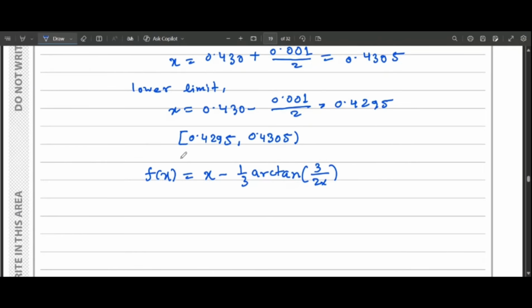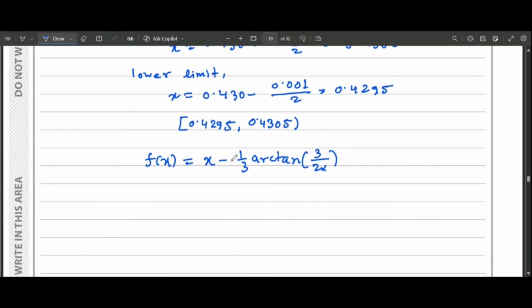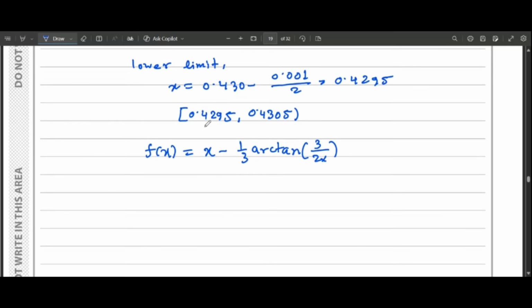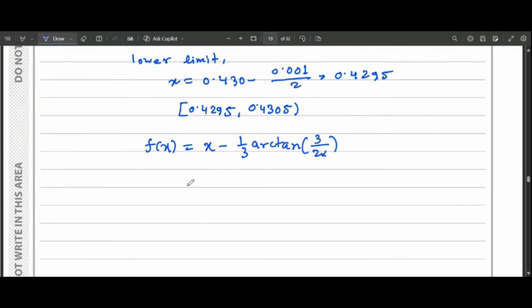Now to check whether or not a root exists within this interval, we have to input each value of the interval into our function, and we have to evaluate whether our function is positive or negative. If the sign changes between these interval limits, then we can say for certainty that a root exists between these two limits.